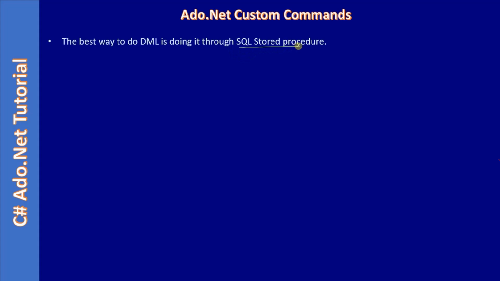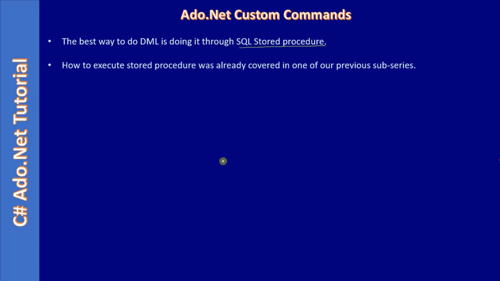So we can have a separate stored procedure for insert, update and delete, and you can equip those stored procedures to the adapter. How to execute stored procedures was already covered in one of our previous subseries. You can watch those subseries, and that's the best way to do the DML.